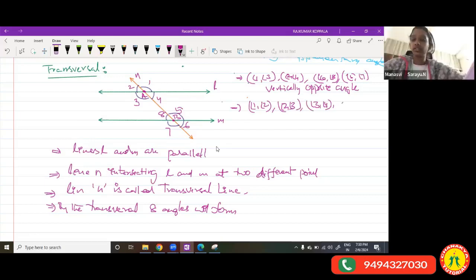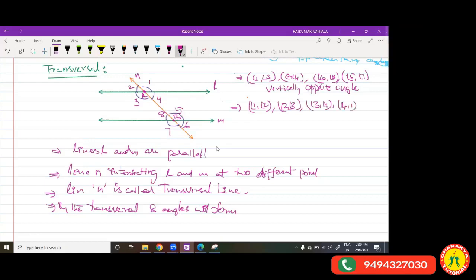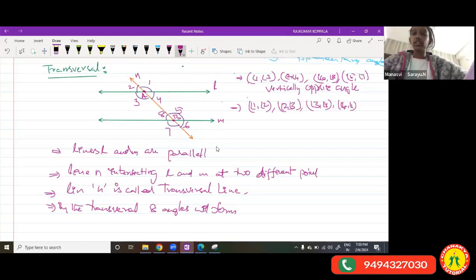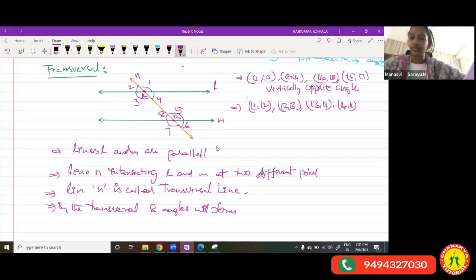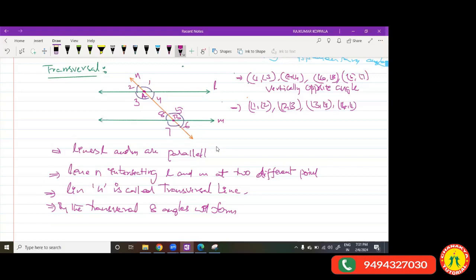8 and 7. 4 and 1 also is there, na? Angle 4 and angle 1. Yes. Then tell me one more pair, linear pair. In number order, you can say angle 5, angle 6. Next, Varshit: angle 6, angle 7.